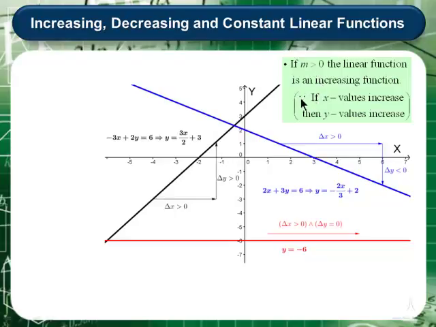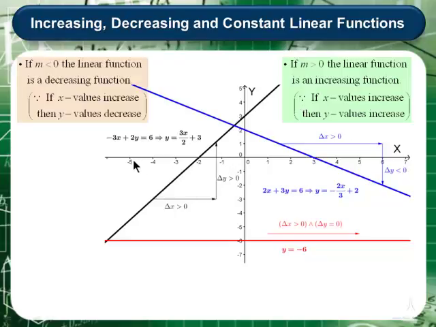It is increasing because if the x values increase, the y values increase as well. Can you see, if I just pick 2 points, as we move from the one point to the other, delta x is positive and delta y at the same time is positive. That means if x increases, y will increase. That's when we have an increasing function.